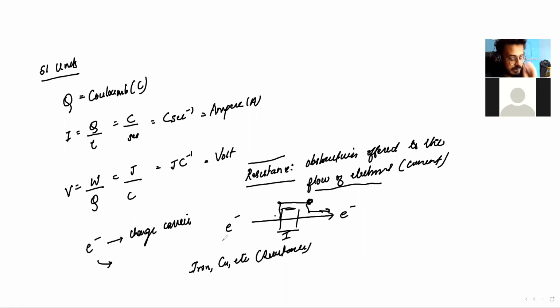Only at extremely low temperatures will conductors not resist, and the resistance will be extremely negligible. But at room temperature, in daily life applications, it is impossible to remove the resistance. We can just reduce it to some extent. So resistance is always there.